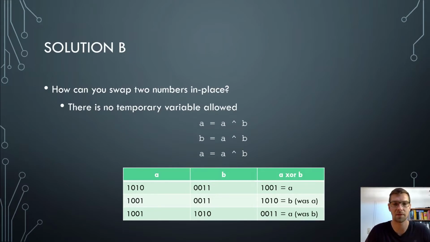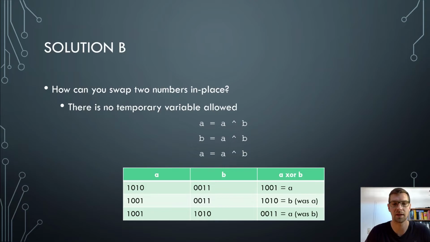So let's have a look at the example in numbers. 1010 XOR 0011 equals 1001, so that was our new a. So we say 1001 XOR 0011, and we get 1010, that is our new b, and it was actually our old a.